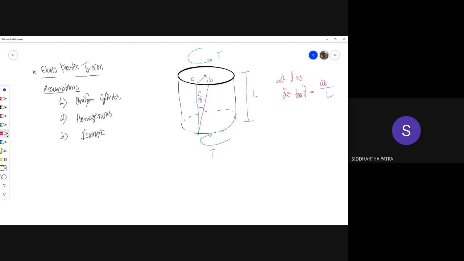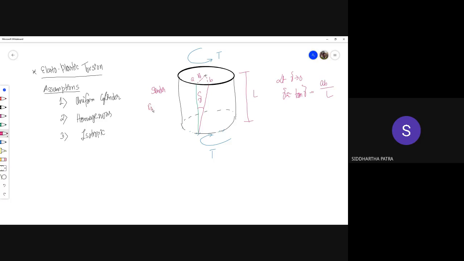So you need to understand that typically the shafts are slender members, wherein this radius, the outer radius, let's call it R0.